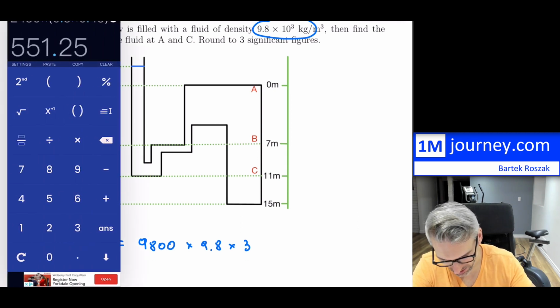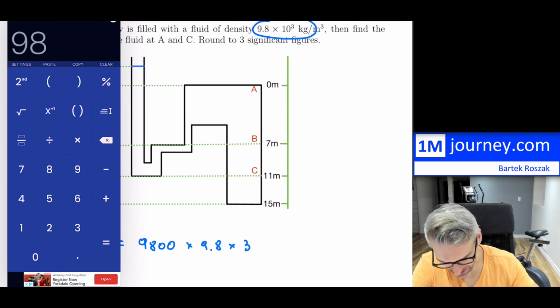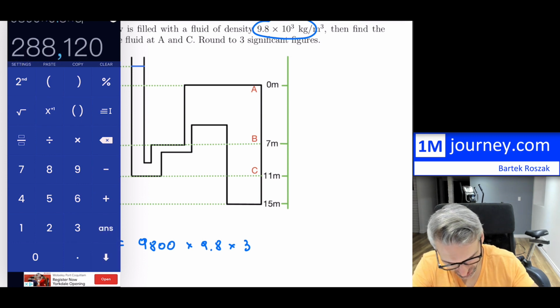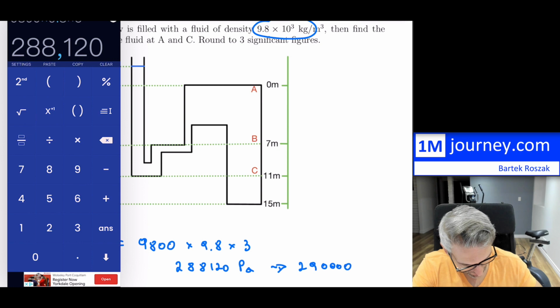So let's calculate what that would be. And this is gauge pressure that we're calculating: 9800 times 9.8 times 3, and there is our pressure, which is 288120. That's going to be pascals. So I did it to 2 significant figures, so if you want, you can change this back, 29 and 4 zeros.